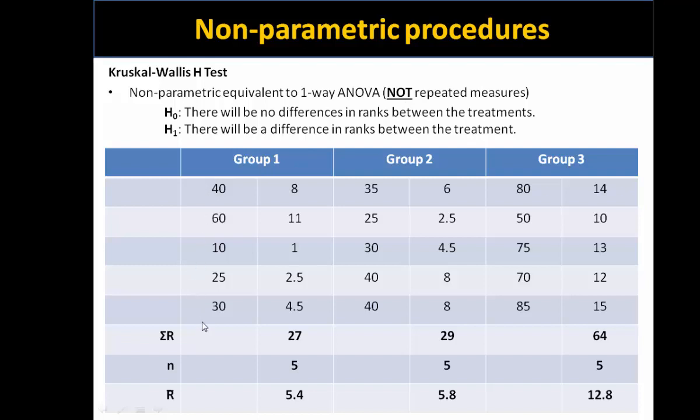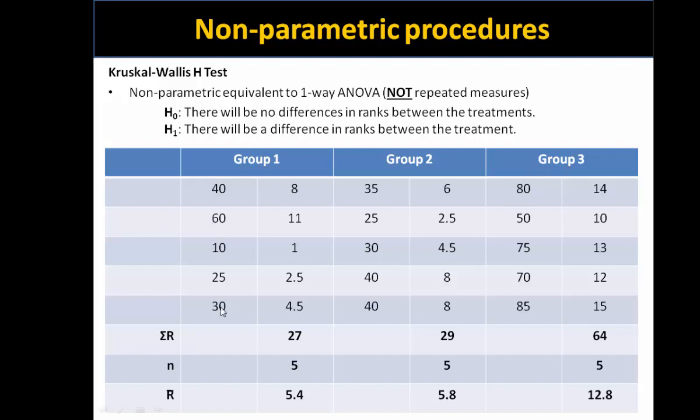So in this design, we have 5 participants in group 1, 5 completely different participants in group 2, and 5 completely different participants in group 3, and the numbers 40, 60, 10, 25, 30, and so on, as you see in the left-hand column underneath each group, represent the score on the visual analog scale.